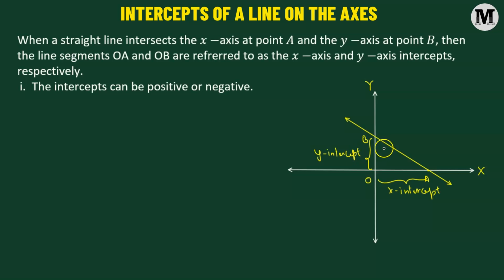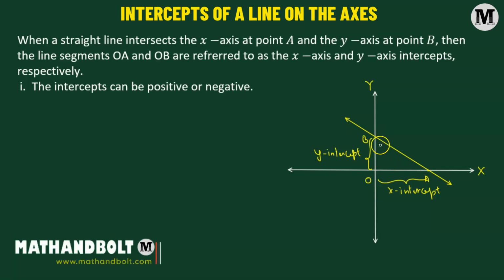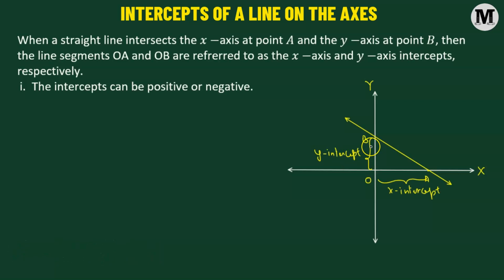Fine. Now the intercepts can be positive or negative. For this particular case, we see that the line cuts the positive x-axis and the positive y-axis. So that means the x-intercept and y-intercept are both positive. We could have other possibilities where the line cuts the negative x-axis and the positive y-axis.